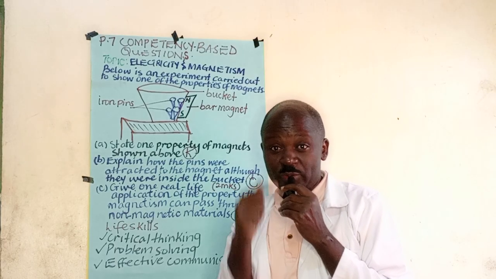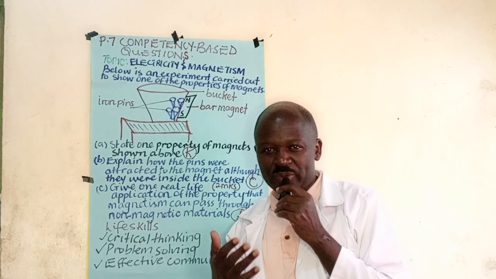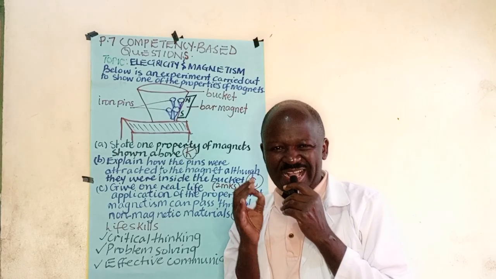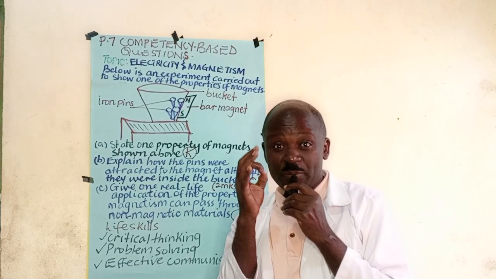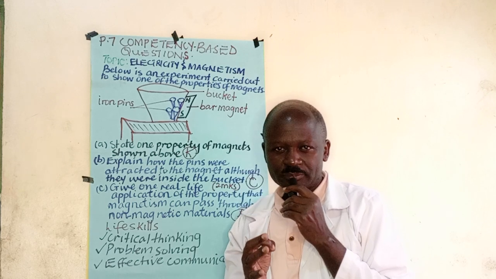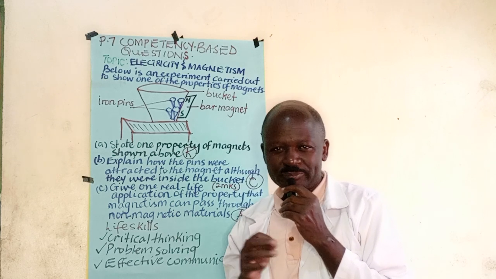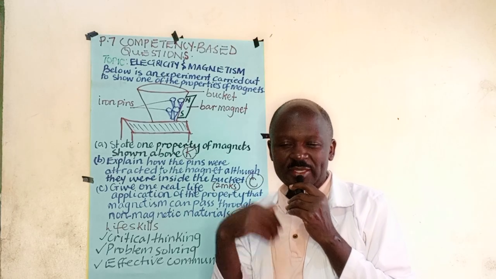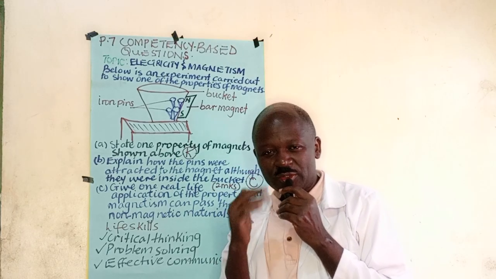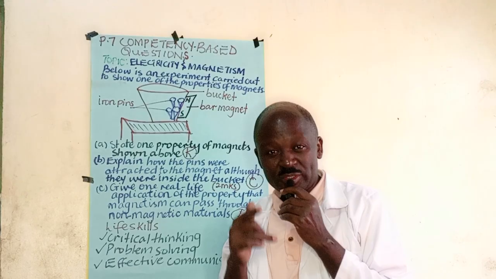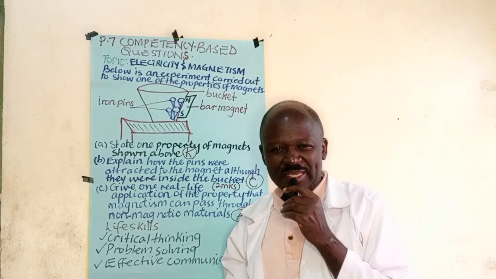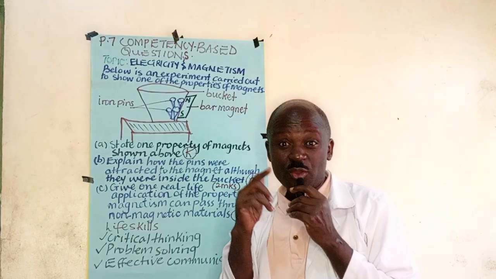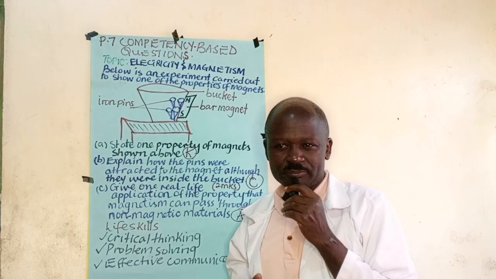I told you that application questions are problem solving questions. They require learners to apply the learned knowledge in real life, in problem solving. And that's why it is an application question. An application question in integrated science is a high order thinking question.